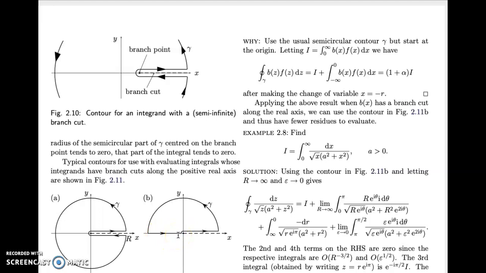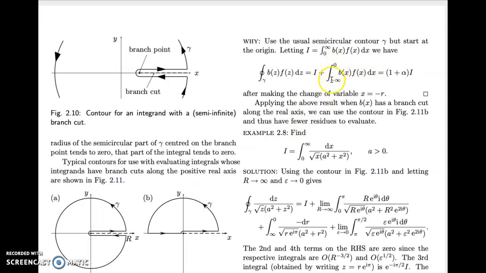Okay, so the integral along here is, well, we put z equals x again, but we can make the change of variable x equals minus r, since obviously x is negative and we want r in polar coordinates is always positive. Okay, so we make that substitution.